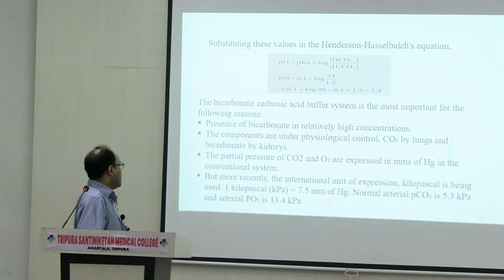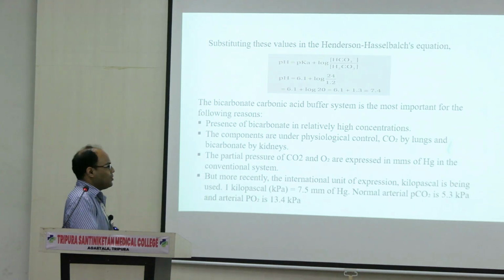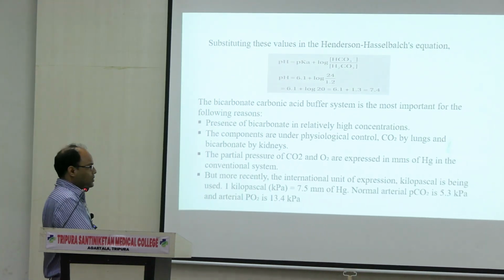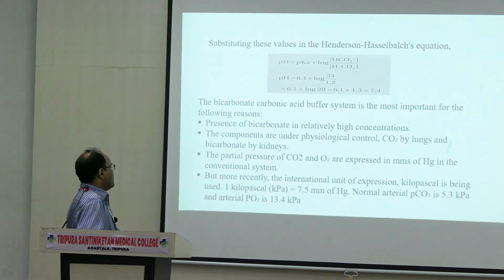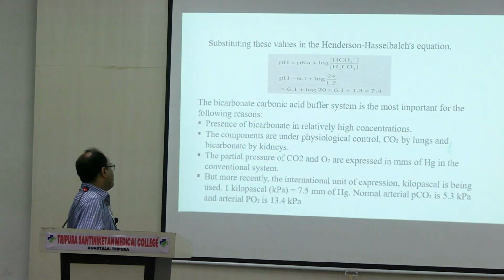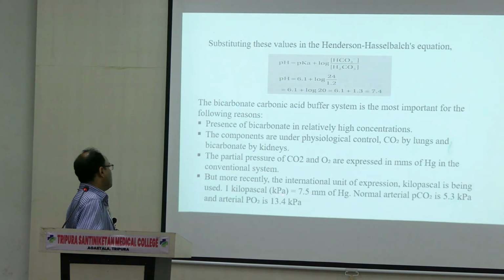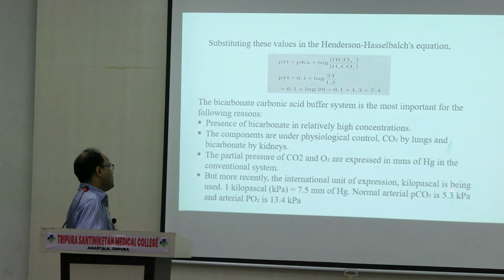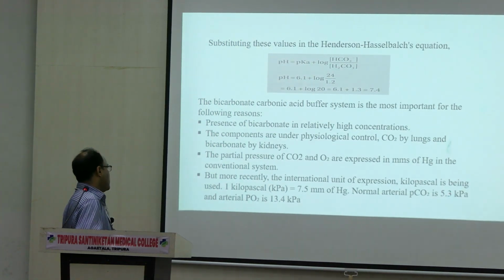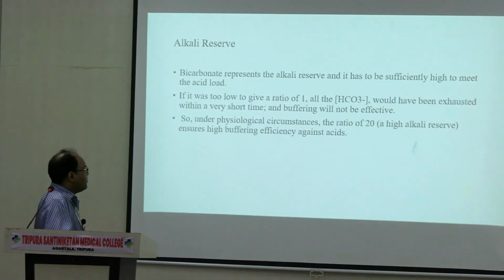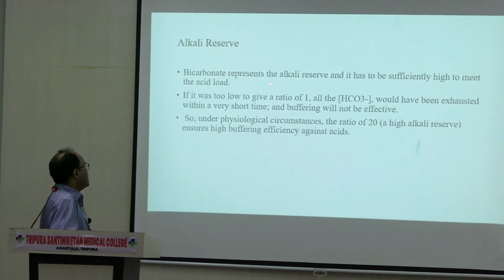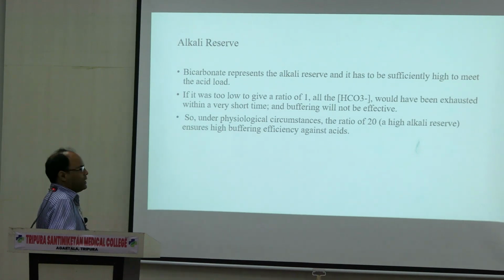Partial pressure of carbon dioxide and oxygen are expressed in millimeters of mercury in the conventional system, but in international units kilopascal is used. 1 kilopascal means 7.4 millimeters of mercury. Now arterial PCO2 is 5.3 kilopascal and arterial PO2 is 13.4 kilopascal. Bicarbonate represents the alkali reserve, and it has to be present in sufficient amount.